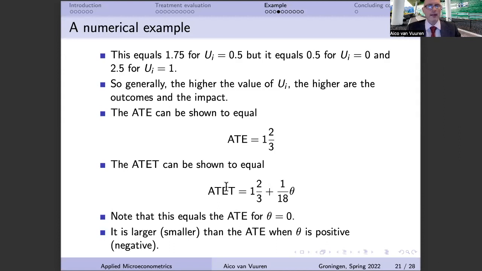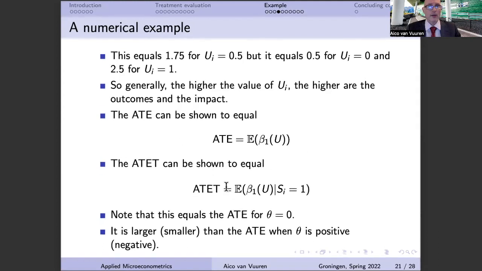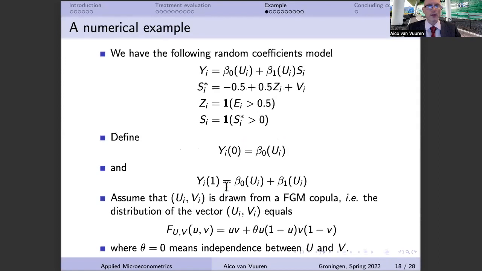Well, that is quite easy to explain why this should be true, based on the model that we have had. What we should realize is that based on this equation that we have over here, in order to be treated, you must have a relatively high level of V. The reason behind that is that in order to be treated, Si star must be larger than 0. And that means, of course, that this thing must be positive, and therefore V must be quite high.